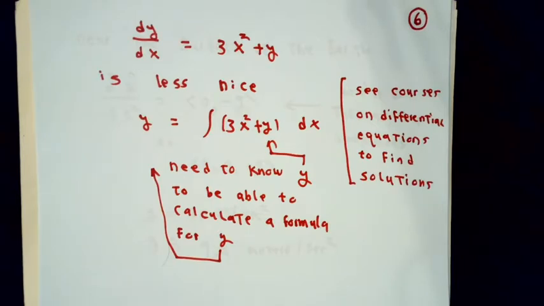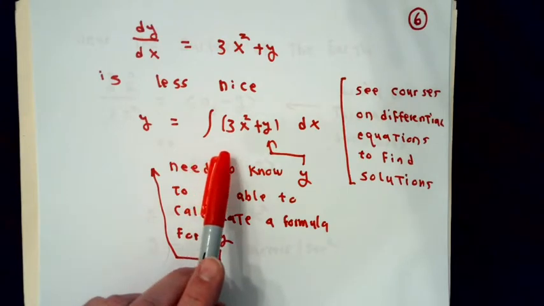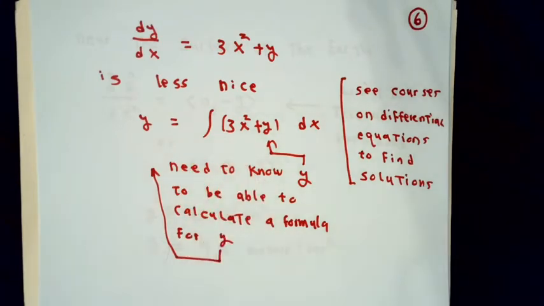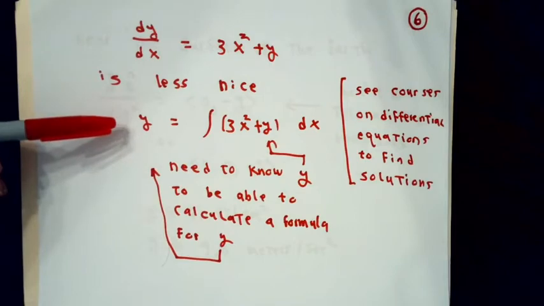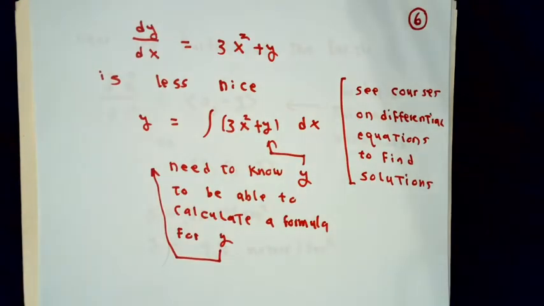If you try to write out the answer as we did before, you immediately see that you've got a problem. To figure out what the integral of 3x squared plus y with respect to x is, you would need to know what y is. But unfortunately, y is the thing that you're looking for. So this equation is true, but it's not particularly helpful to us.